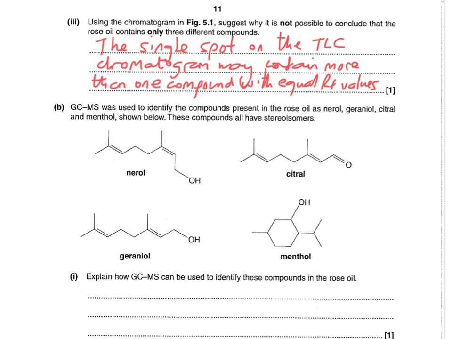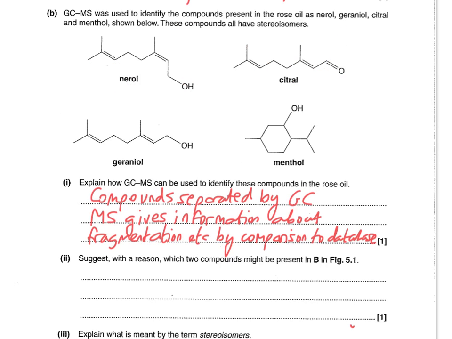So you start off by separating using gas chromatography, and then the mass spectrum is compared to a database that the mass spectrometer will have built into its program. So it's important not to imply in your answer that mass spectroscopy on its own can identify a compound. It can't. Mass spectroscopy only gives certain information such as the Mr or maybe its fragmentation by comparison with a database like I mentioned.